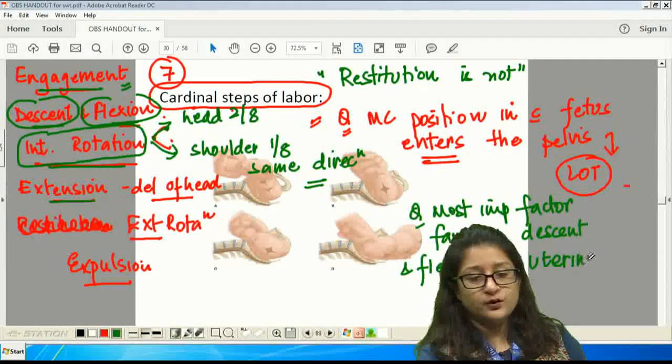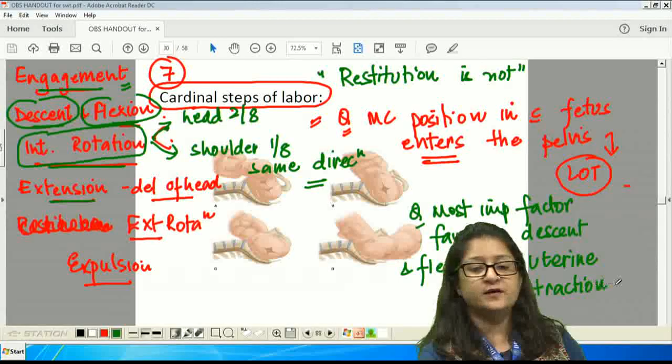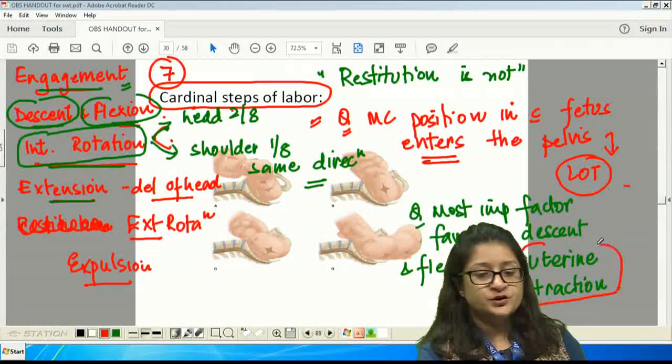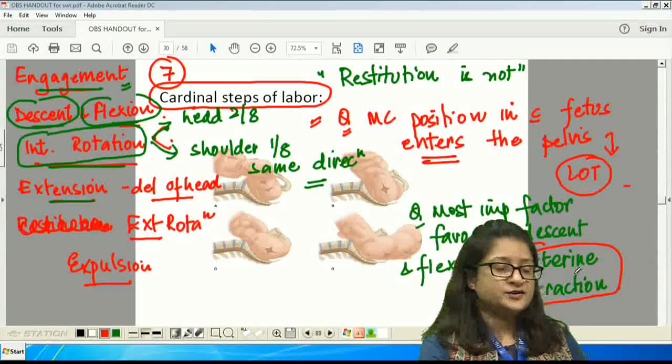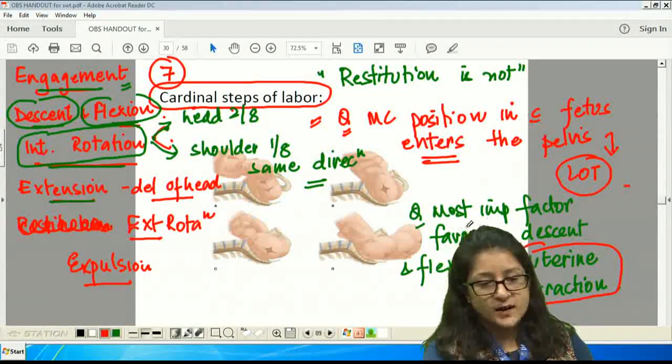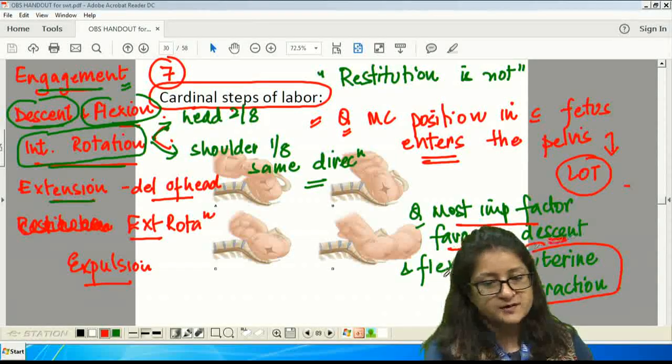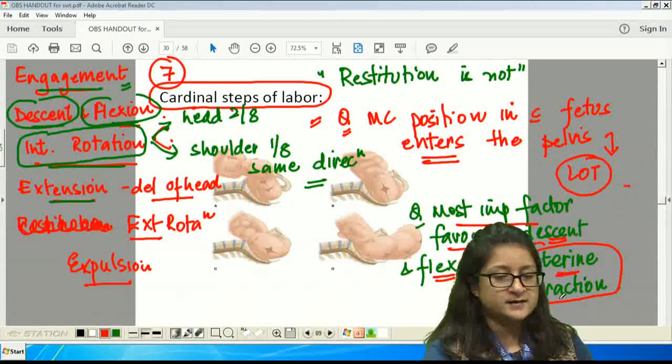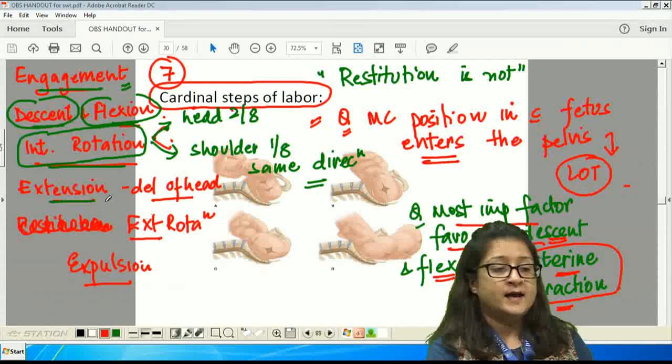Good uterine contractions mean flexion is maintained, and if there is flexion, descent is going to happen. All of this happens together.